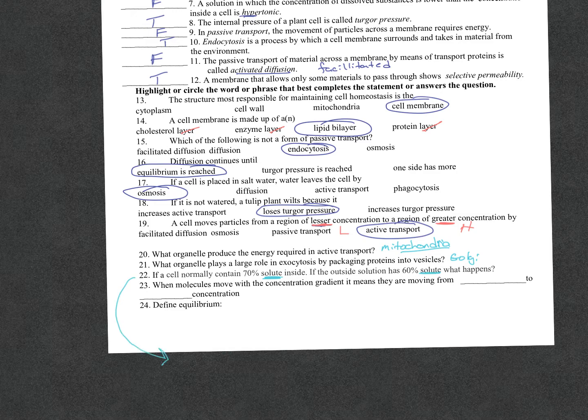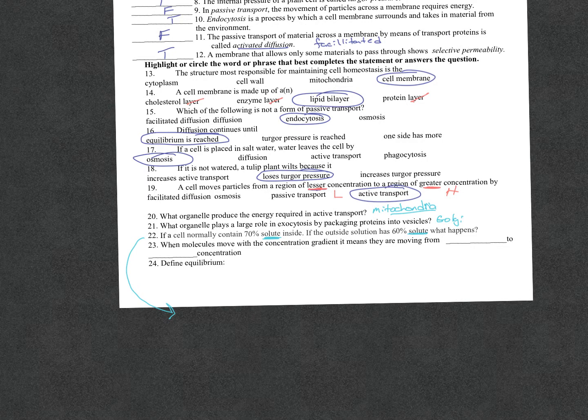If the solute is permeable to the membrane, then the solute will go from inside, where it's 70%, to outside, where it's 60%.